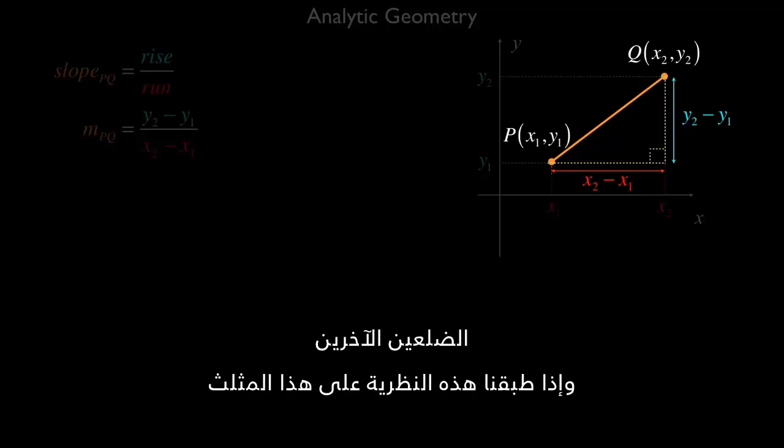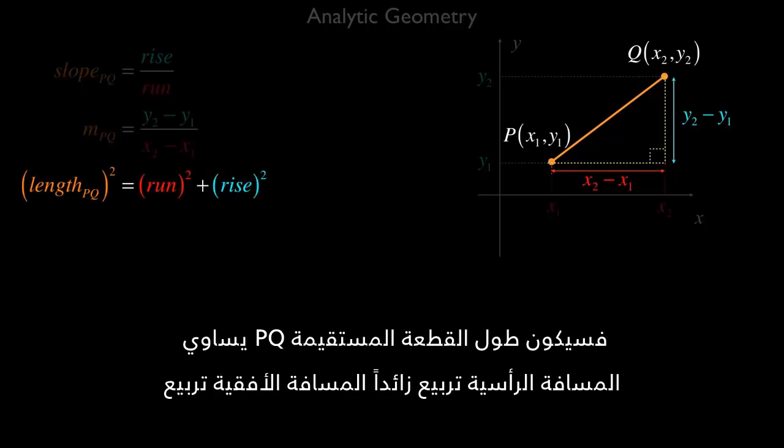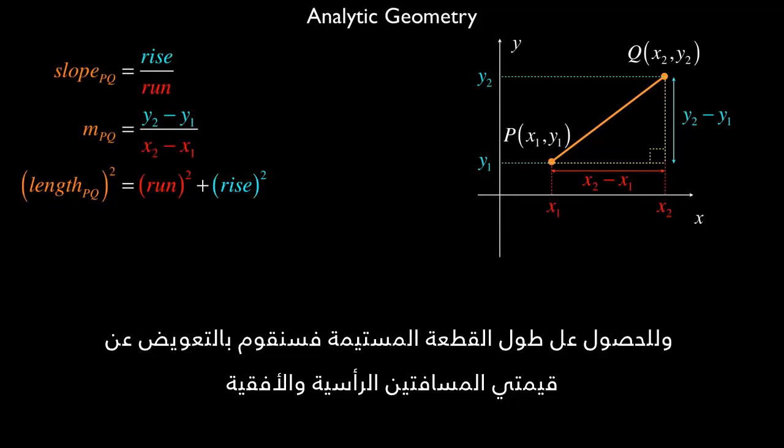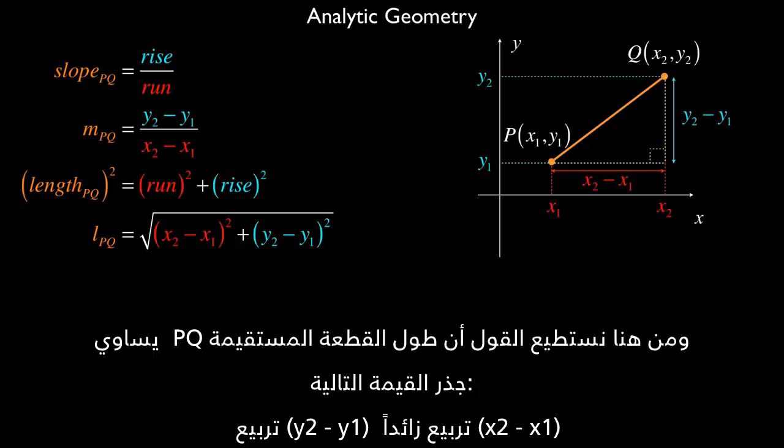So for the diagram that we have here, the length of PQ squared would be equal to the run squared plus the rise squared. We can then substitute for the run and the rise and take a square root, and we understand that the length of PQ is the square root of x2 minus x1 all squared plus y2 minus y1 all squared. And that's our second formula.